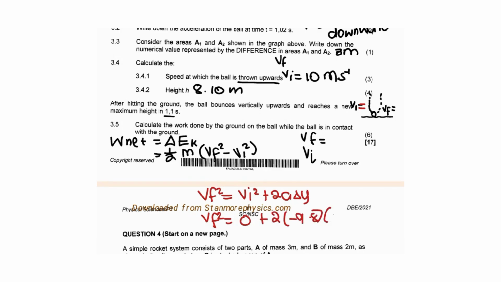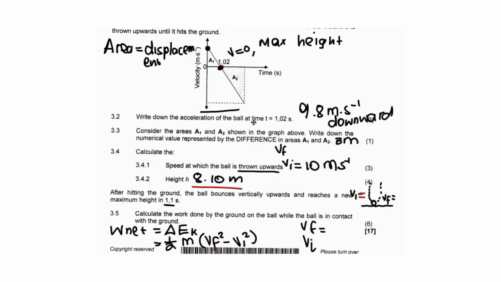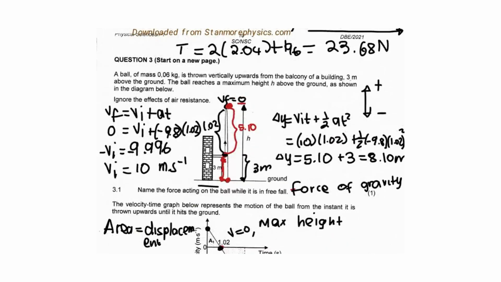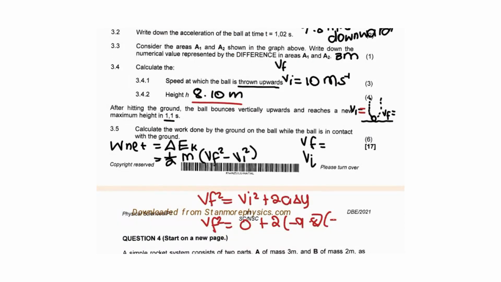Delta y is the 8.10, this one, because it's the height from there to there. I'm going to put it as negative also, because we are taking downward as negative, so negative 8.10. I'm going to plug that in and also do the square root of it.